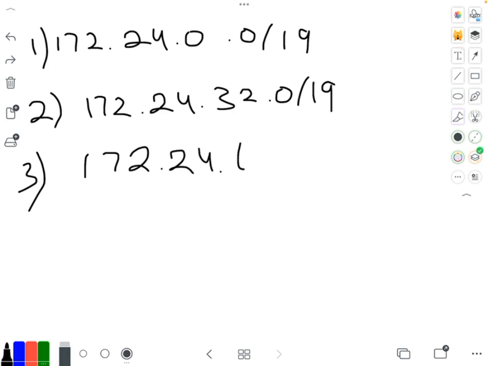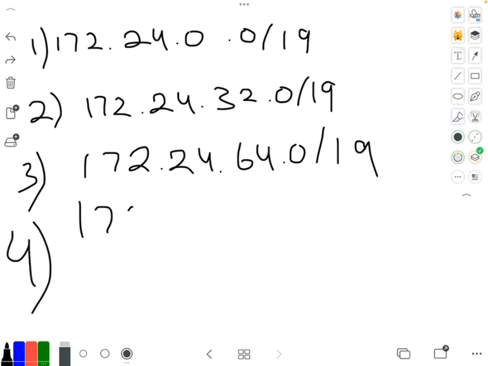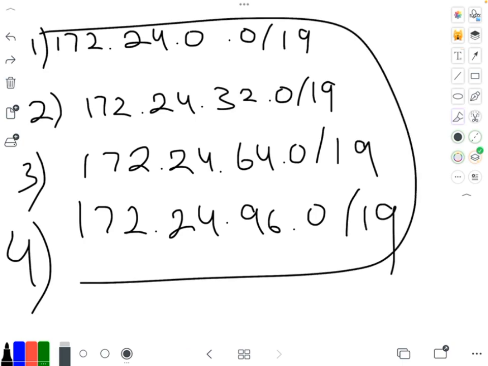Third one, 172.24.64.0/19, and our fourth subnet is 172.24.96.0/19. So these are our 4 subnets here. Now let's get the ranges. With the subnets, I'm going to relist them. Subnets in black, usable hosts in blue.